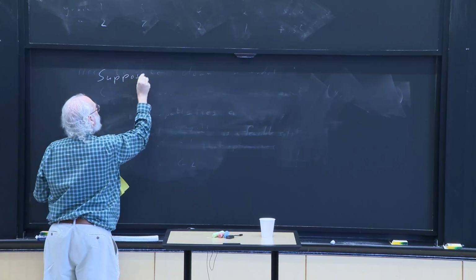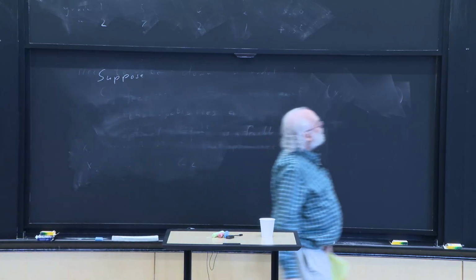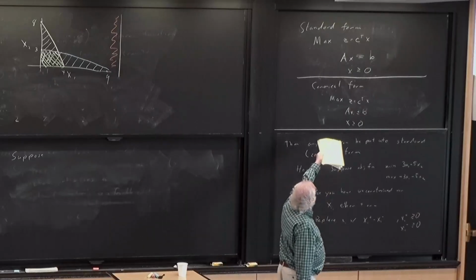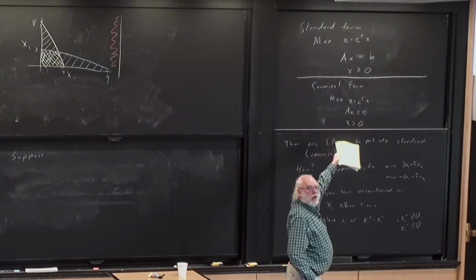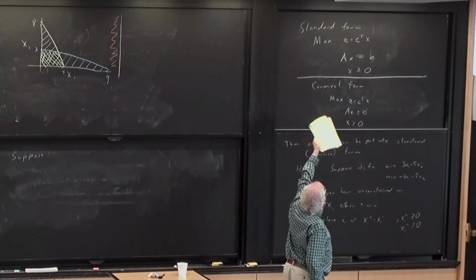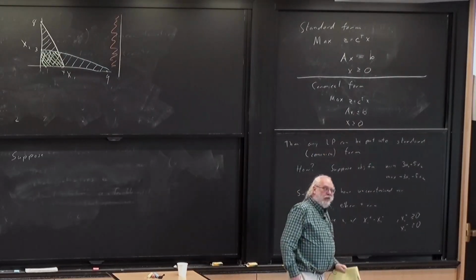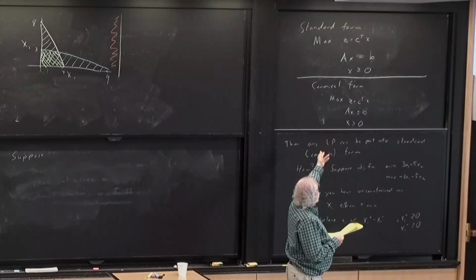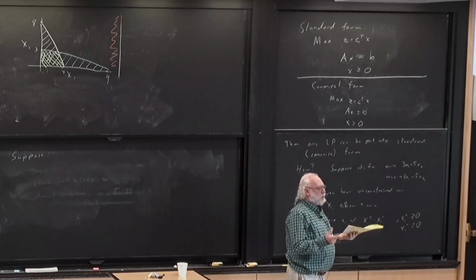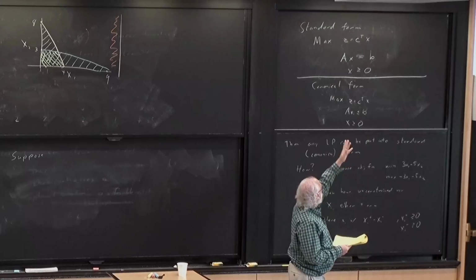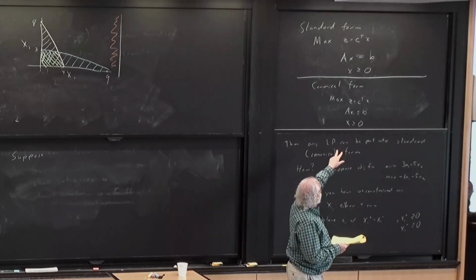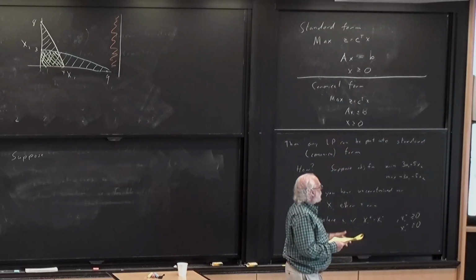So let's look up here. Canonical form: all the constraints are inequalities. Standard form: all the constraints are equalities. So to go back and forth between canonical form and standard form, or just to put an arbitrary linear program in canonical form, we need to turn inequalities into equalities and vice versa.